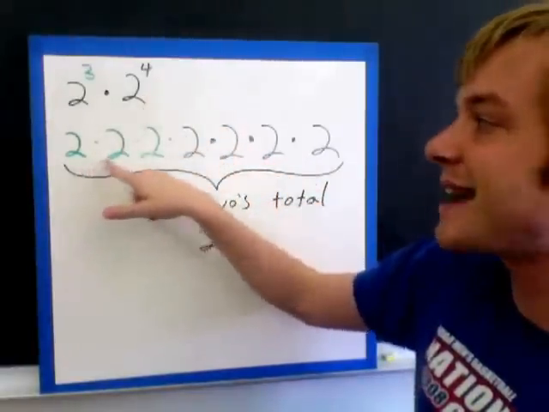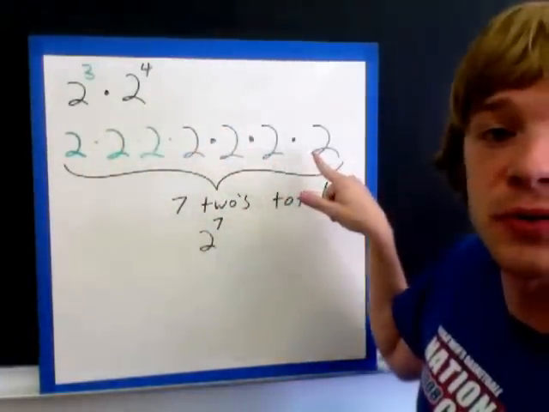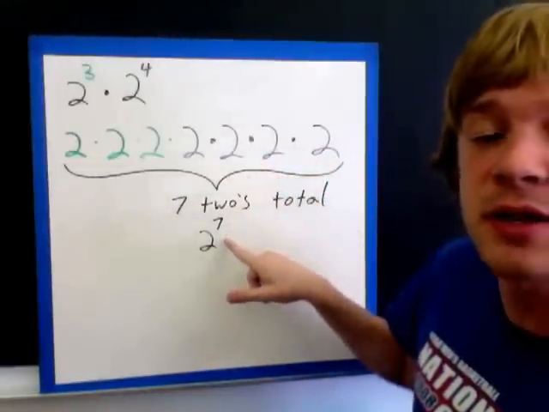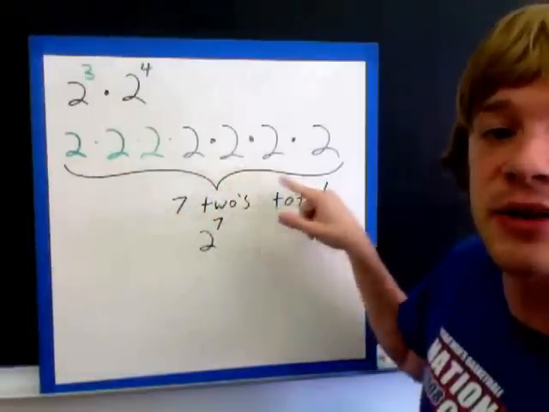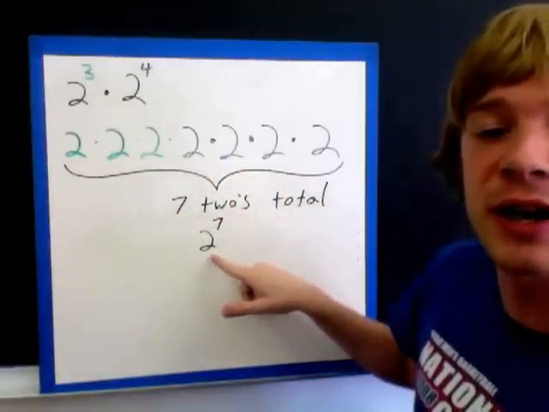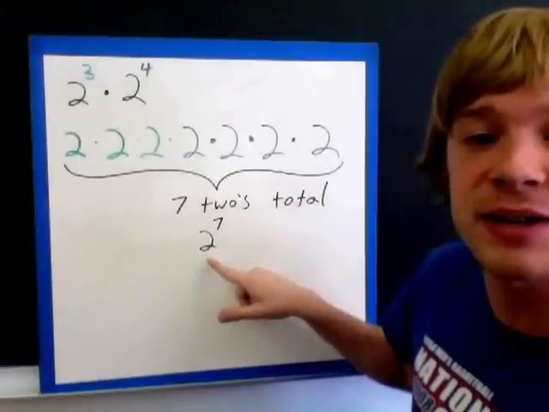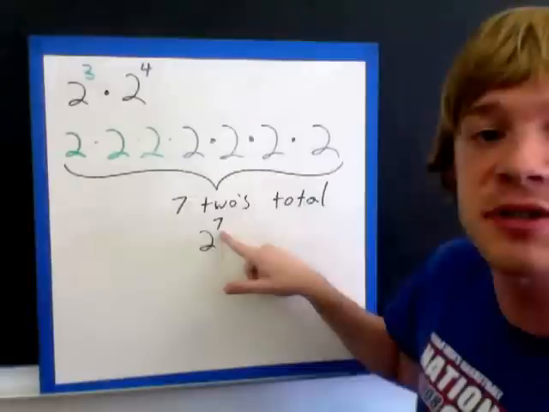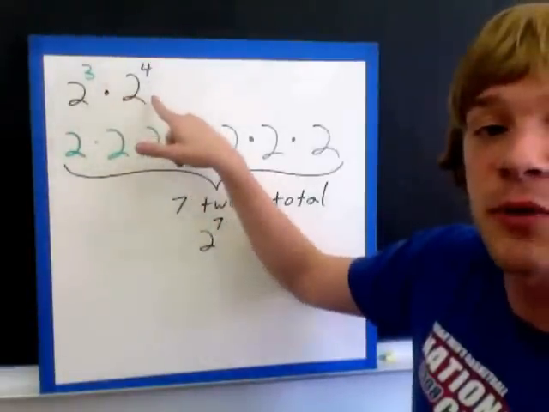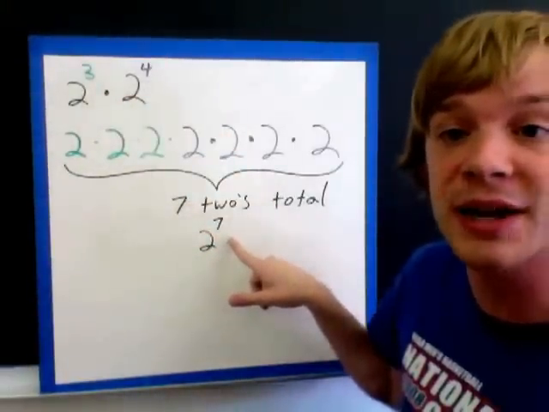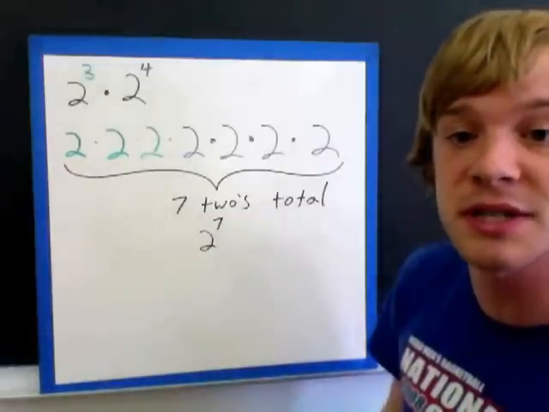Now there are 7 total 2's, so that would give us 2 to the 7, since they're all multiplied together. If you remember your definition for exponents and bases, we can go backwards from that and get 2 to the 7 from this. And you should notice 3 plus 4 gives us 7. We can use this basic rule for any one of our problems that we're going to see today.